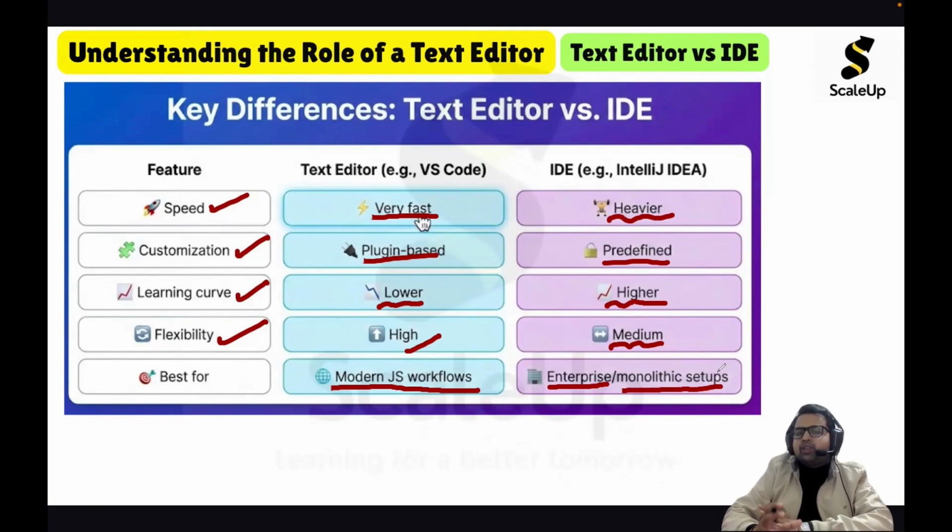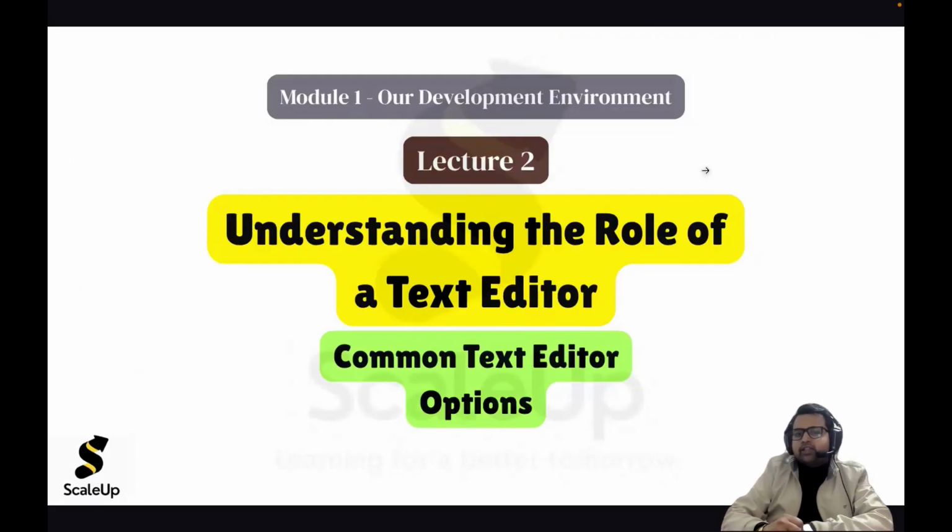But if you want to build something around JavaScript, and we already saw in the first lecture of module 1 that in JavaScript we can build the front end and back end of a web application, and we can even build mobile applications for both iOS and Android, and we can build desktop applications. So for JavaScript workflows, a text editor is best. So that's the idea.